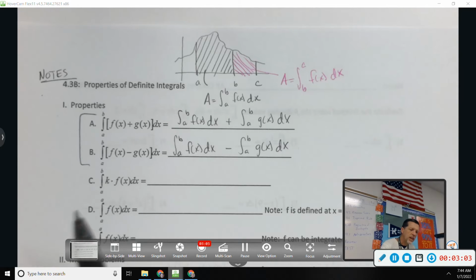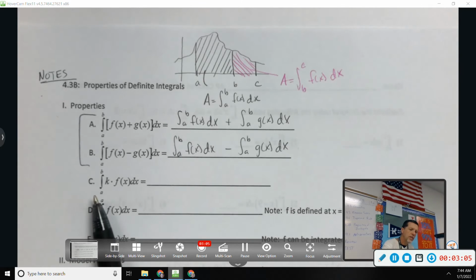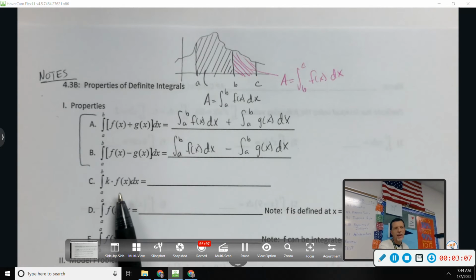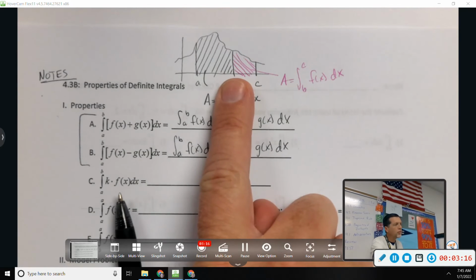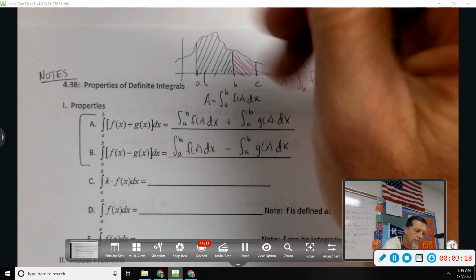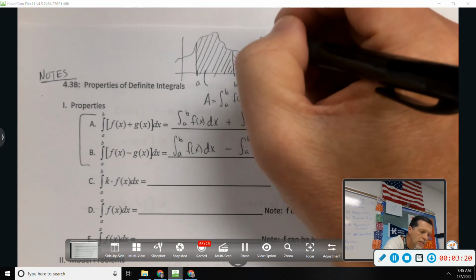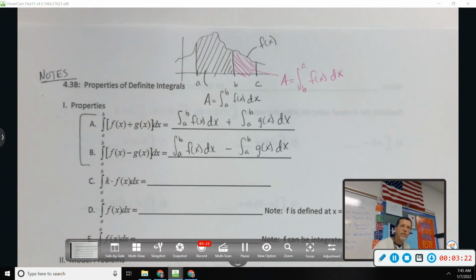Alright, part C. If I multiplied the function by k being a constant, a number, so I multiplied all the y values by 2. Think about this picture. If there was a 2 out in front of f of x, I guess I should have labeled this f of x. If there was a 2 out in front of that, what would that do to the graph? What would a 2 out in front do?